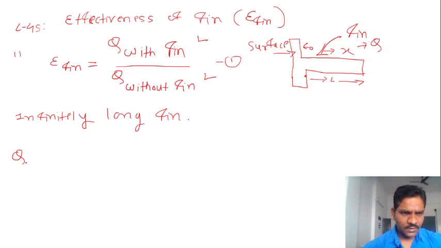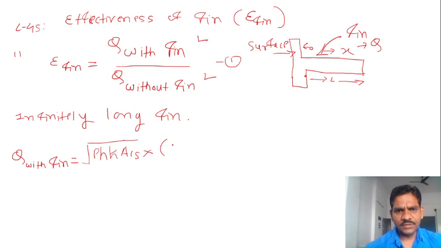So for the formula of Q with fin, heat transfer, what is the formula? We already proved this derivation: under root P H K ACS, in bracket T0 minus TA.